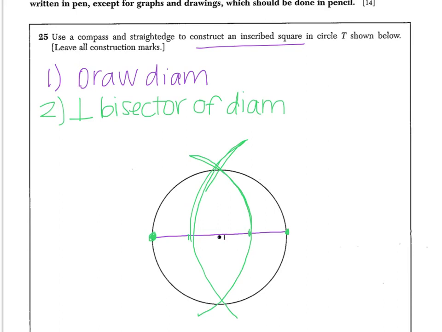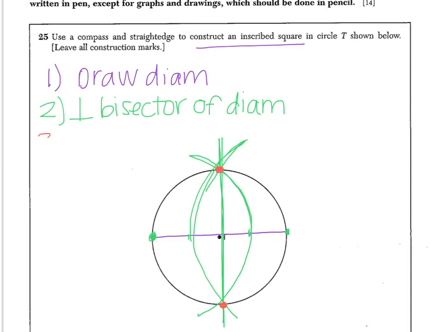So now I need to connect through my intersection points. This should also be passing through T. I'm going to choose the point at which the circle meets my straight line to mark as a point for my square. So here, and again, the circle meets the straight line here.